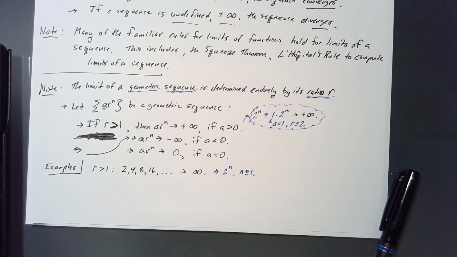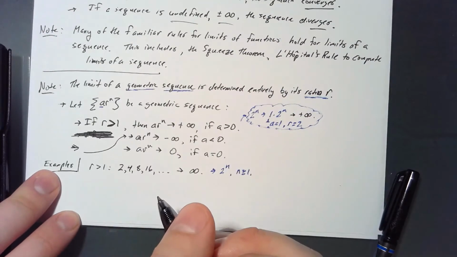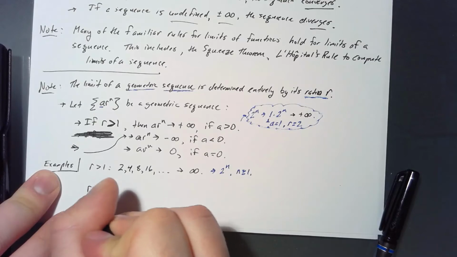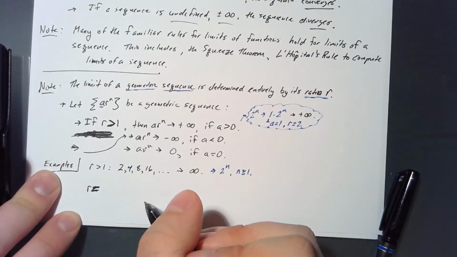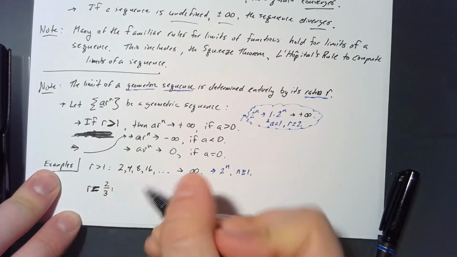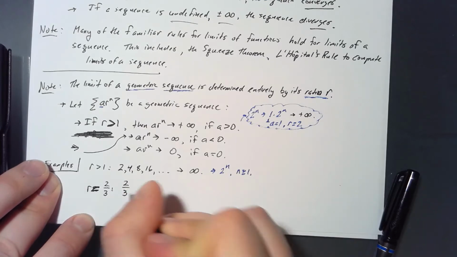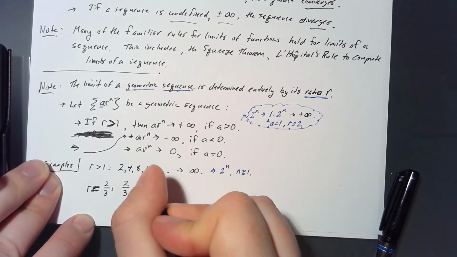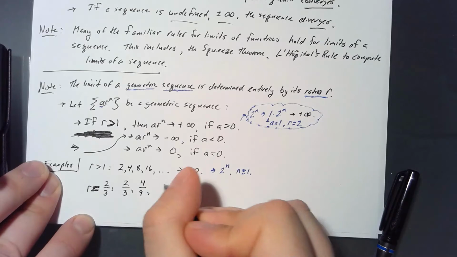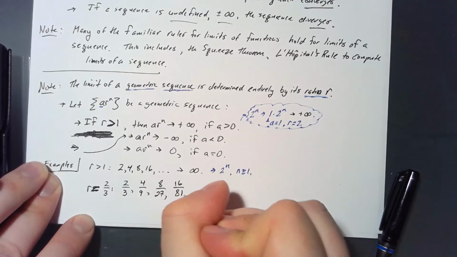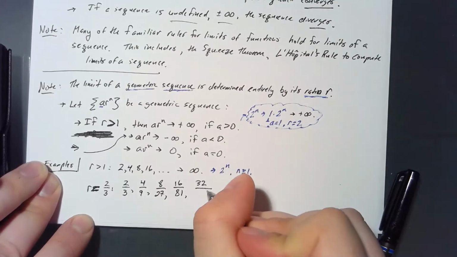And if I look at this one, however, if r is equal to 2/3, my first term is 2/3, my second term is 4/9, 8 over 27, 16 over 81, 32 over 243.